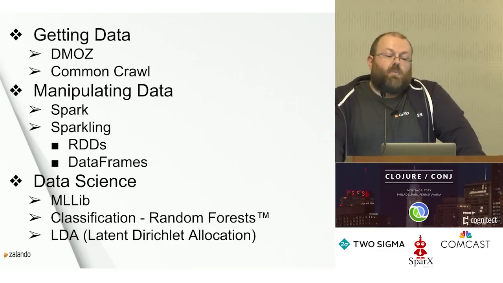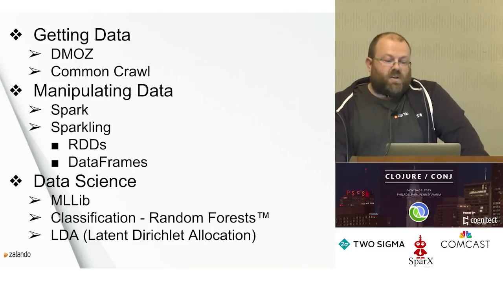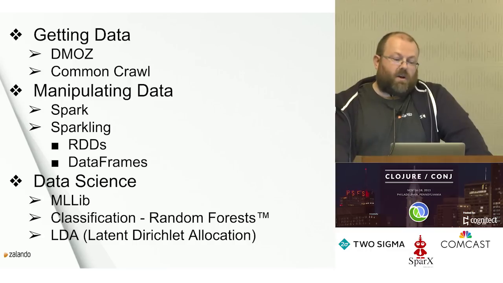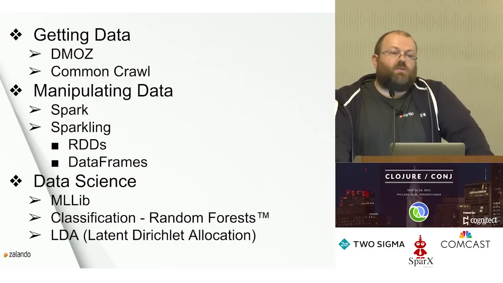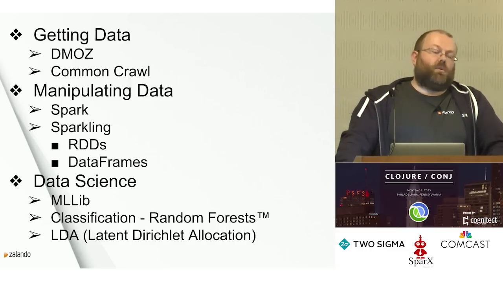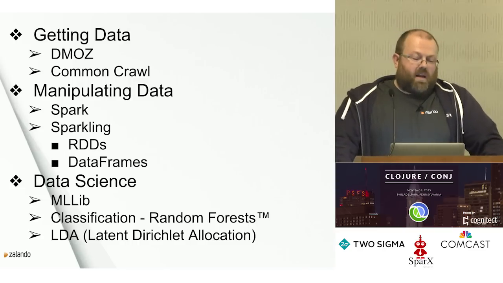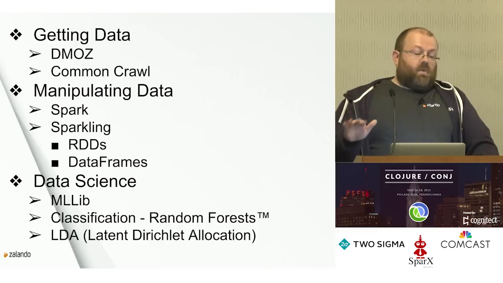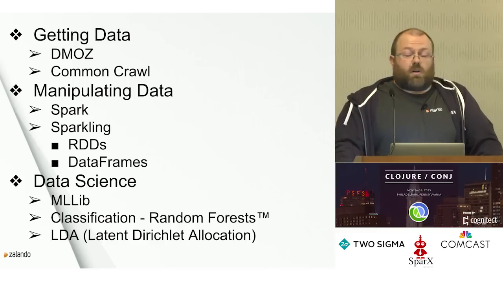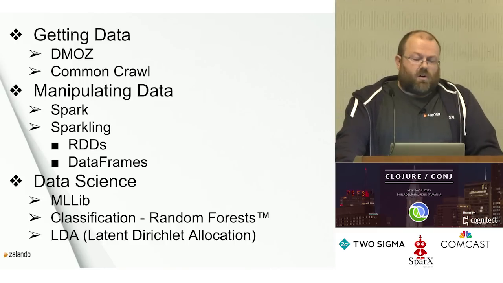So I'm going to talk about getting data, manipulating data, and then using data science to get to this fascinating discovery of what the interwebs think of Manning. Under getting data, I'm going to touch on DMOZ and the common crawl.